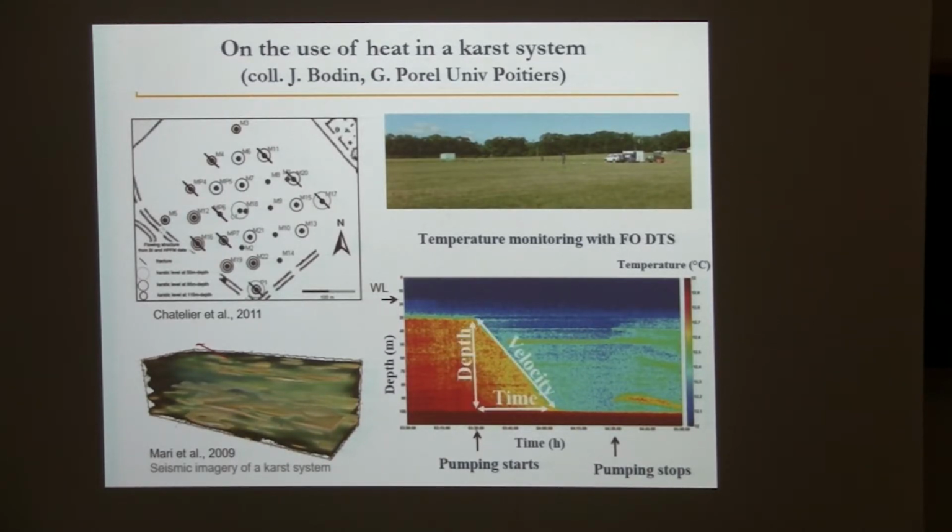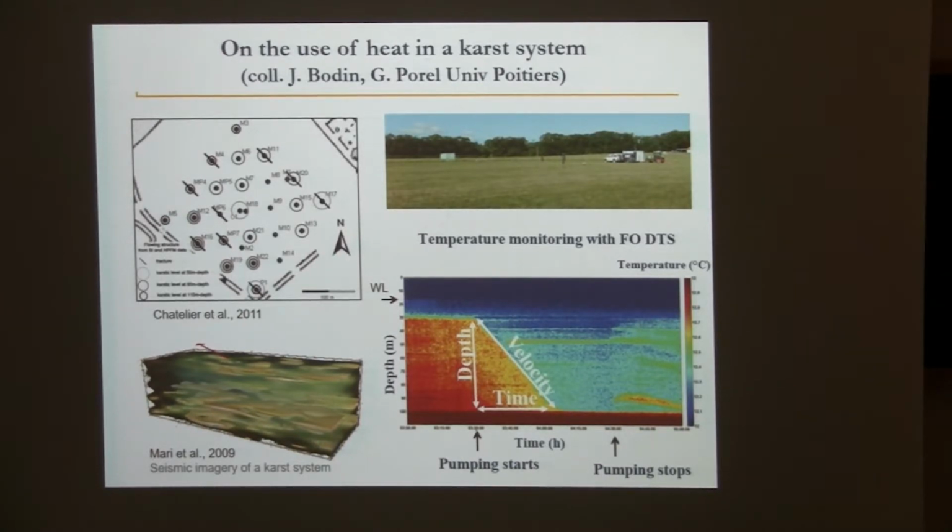borehole. Typically, what we observed here is the temperature scale is here from low temperature to higher. So this is typically 12 to 13 degrees. And this is before pumping. And as soon as we develop some pumping, we see discharge, which is typically because this inflow will feed the lower fracture zone.